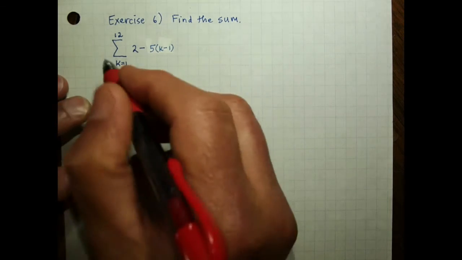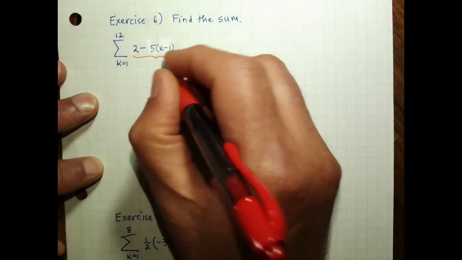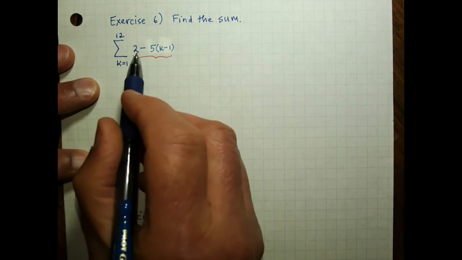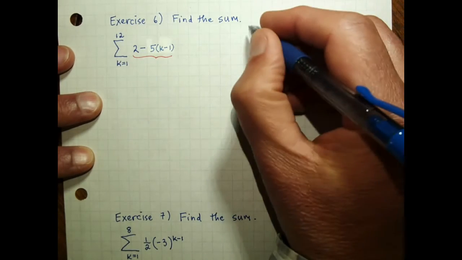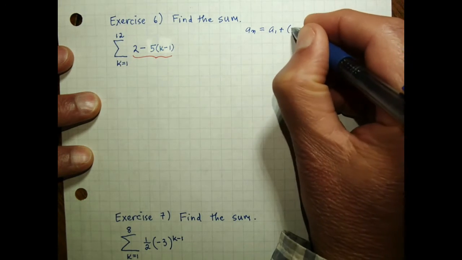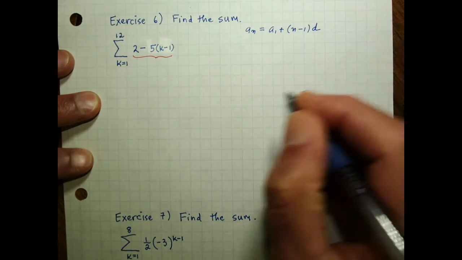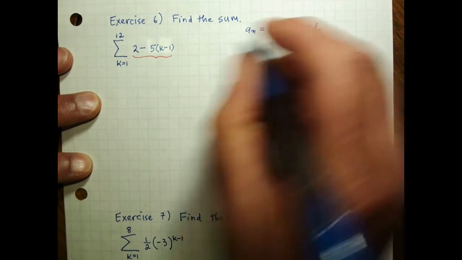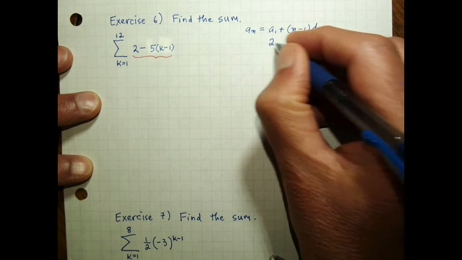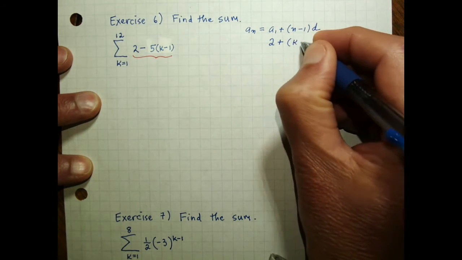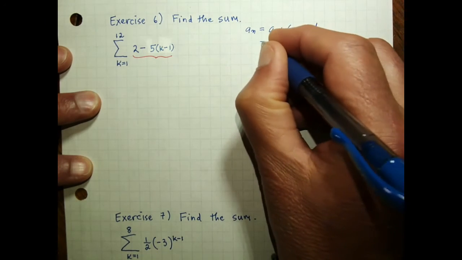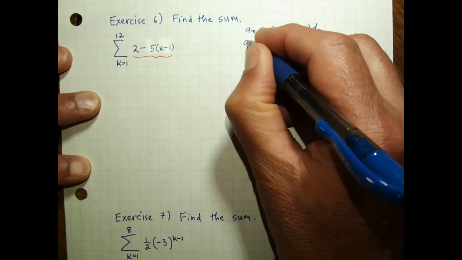What I want to focus on is what the look of one of these terms is in this sum. That looks like the form of an arithmetic sequence. So the arithmetic sequence is like an equals a1 plus n minus 1 d. I can rewrite that 2 minus 5 times k minus 1 in the form 2 plus k minus 1 times a negative 5, we could call that a sub k if we wanted.